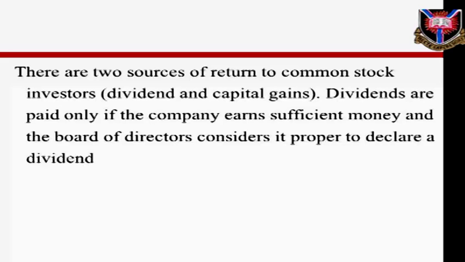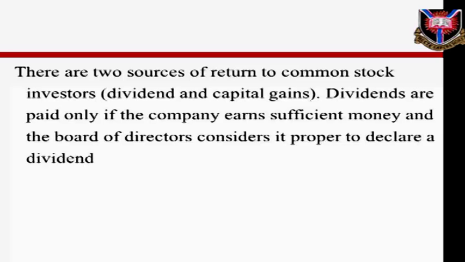Dividends are paid only if the company earns sufficient money and the board of directors considers it proper to declare a dividend. Increases in the market price of the common stock give rise to capital gain.